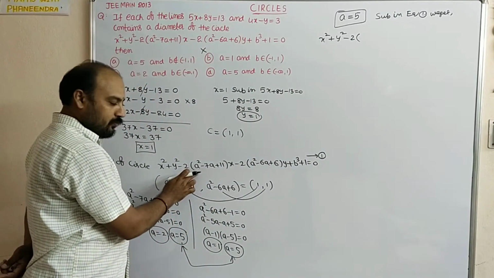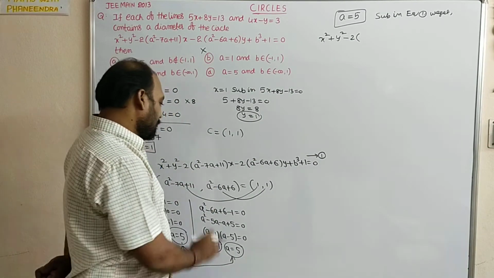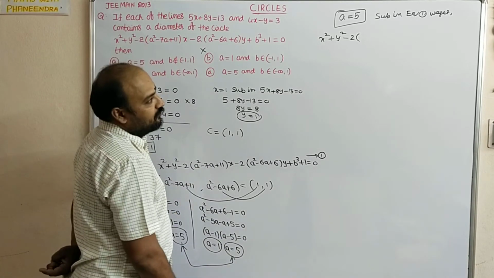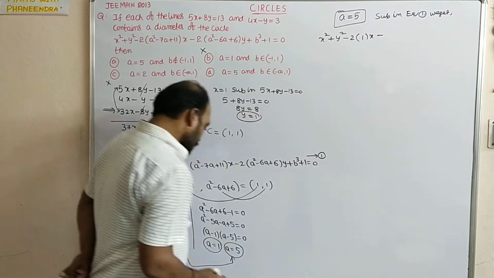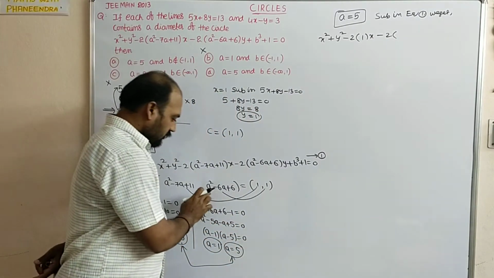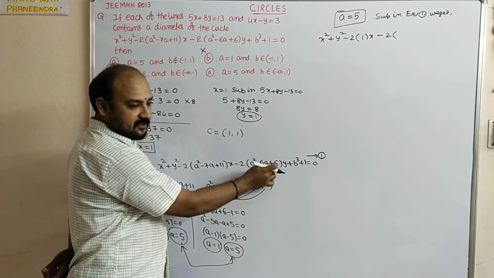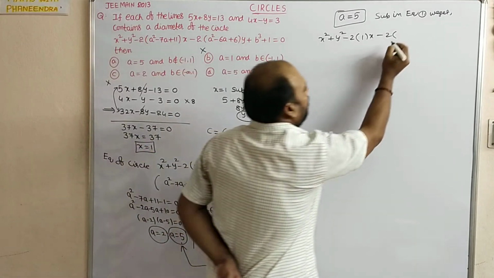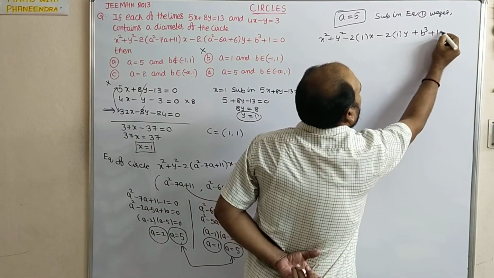Here 25 minus 35, 25 plus 11 is 36, 36 minus 35 is 1. Minus 2 into x, minus 2 into y, plus b cube plus 1.